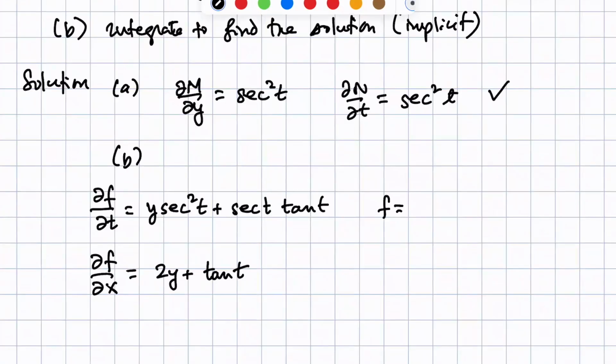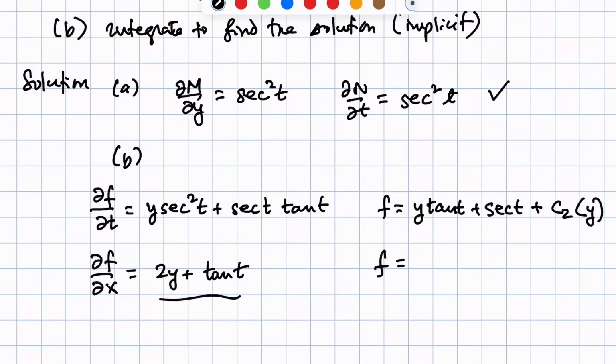So let's figure out what f has to be. I'm anti-differentiating in t, so I get y tangent t plus secant of t plus a possible constant in y. Here, I'm anti-differentiating in y, so I have y squared plus y tangent of t plus a possible constant.